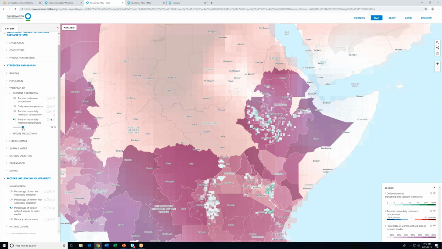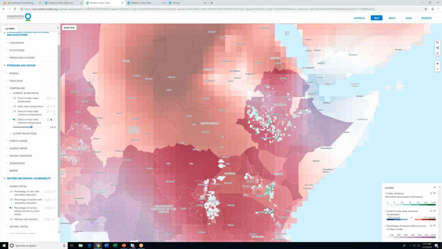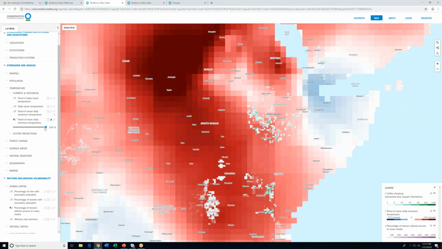So we can see again these socioeconomic variables for ways to reach out to maybe female farmers in those areas. And then we can toggle on and off those different layers so we can isolate where an intervention could be made in places where we work. So that's one option of turning on and off layers, as well as turning up and down transparencies.